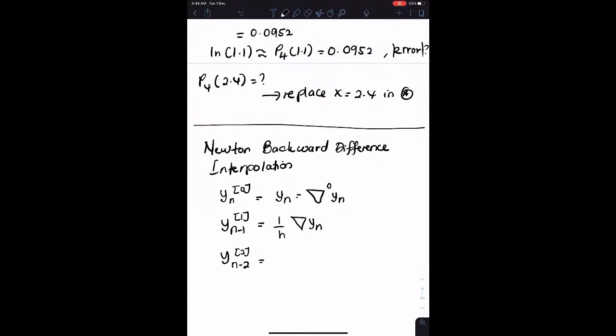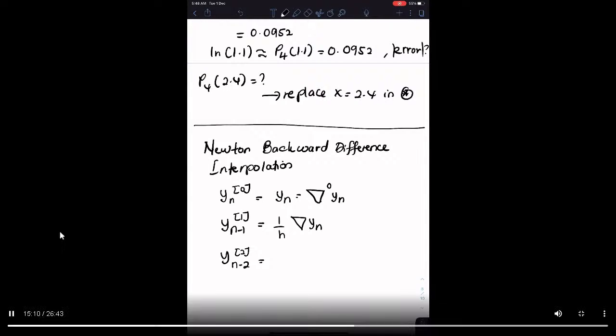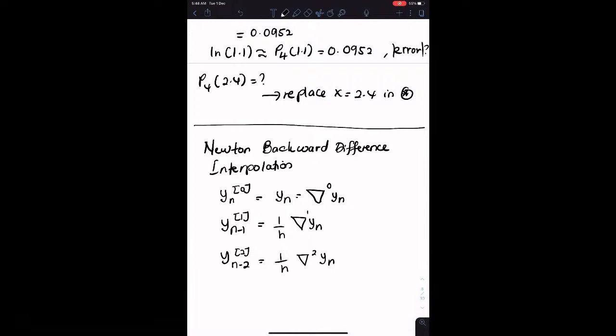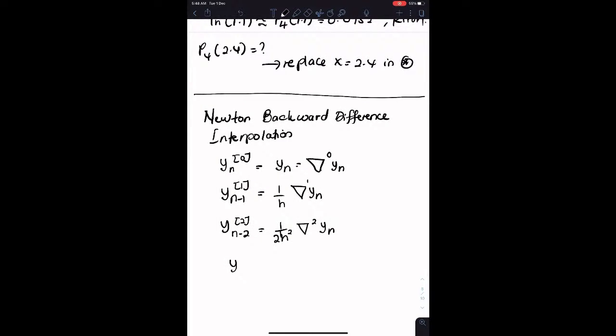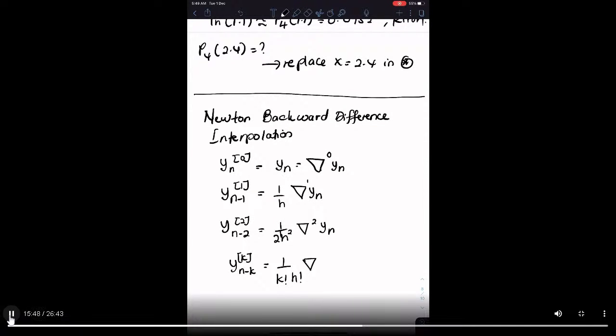In order 2 it is 1 over 2h squared backward del squared yn. So the way I write is the opposite sign from the forward difference formula. So I create one formula: yn order k is 1 over k factorial h to the power k, backward difference k yn.